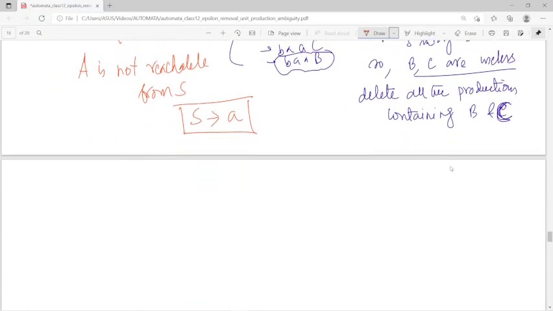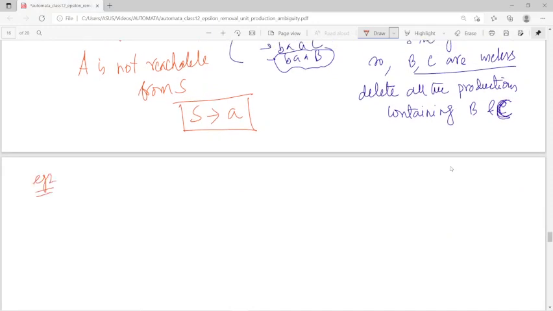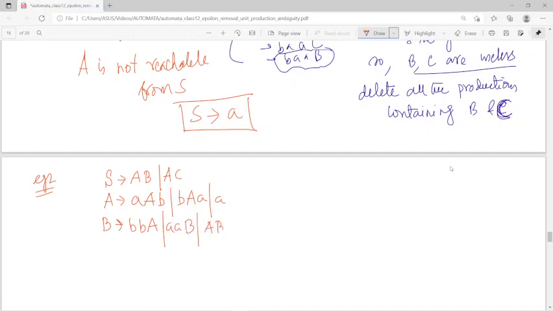So if I give you an example, tell me by careful observation what the rules are. I am giving you S to AB or AC, from A, AAB, BAA or A, from B, BBA, AA, BAB, CAB, CAA, DB.